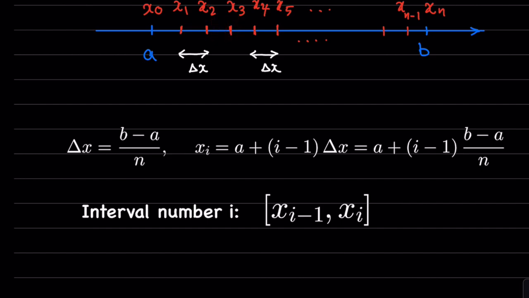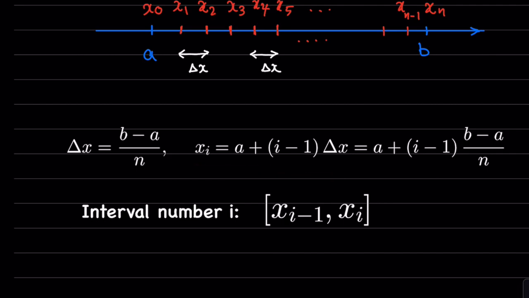So if you divide the interval AB into n equal subintervals, then the length of each of those subintervals will be delta x, and the points, I'm going to call them x0, x1, x2, x3, all the way to xn. And for the formula for xi, in general, you can substitute i by 0, 1, 2, and so on, and get the value of xi.